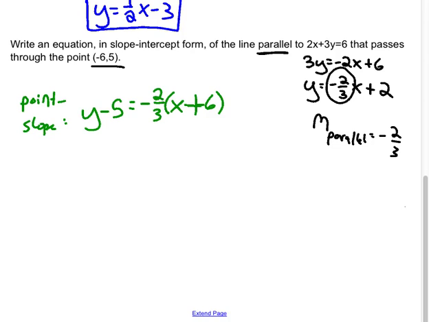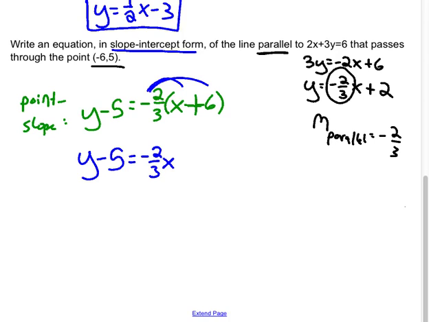Okay, so now I'm going to use that information because what I really want is a slope-intercept form equation. So to do that, remember that means we're getting y by itself. So I'm going to distribute that negative 2/3. Y minus 5 equals negative 2/3 x, negative 2/3 times 6.